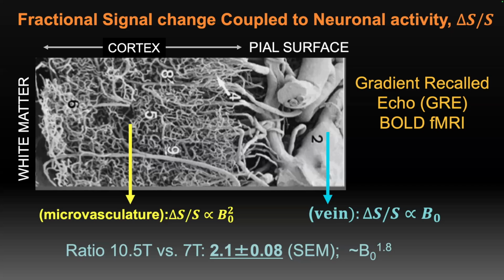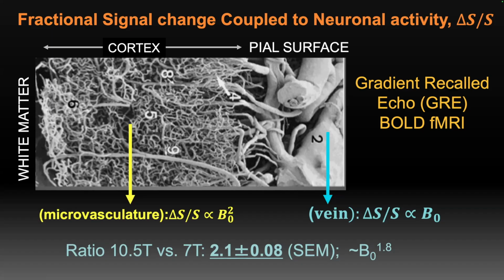So this is the whole BOLD effect in the visual cortex in a big region of interest. And it turns out that at 10.5 Tesla versus 7 Tesla, there is a BOLD effect increase, which would be the average of these big vessels and small vessels, of 2.1 times. So that actually is approximately B0 squared.